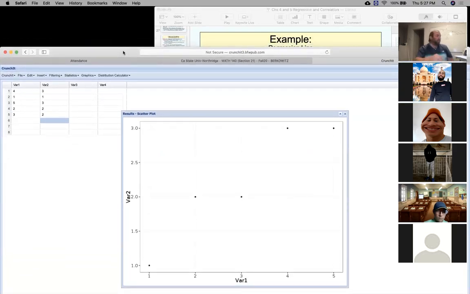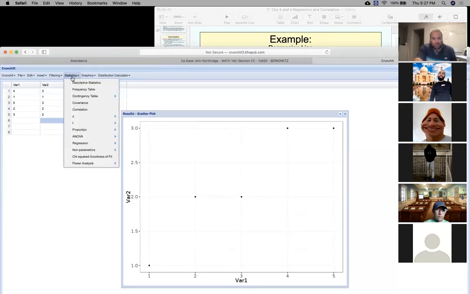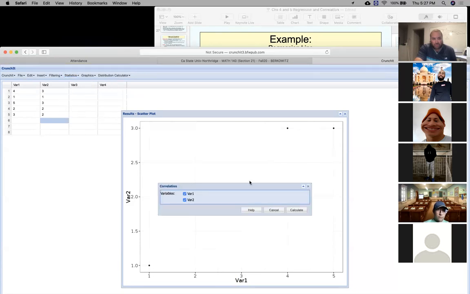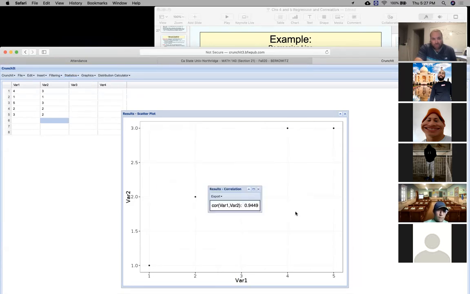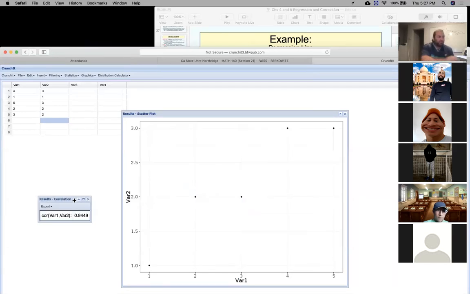Does that look fairly linear? Yes. All right. Now let us go back to statistics and calculate the correlation. We get 0.9449. What does that tell me about the correlation? Very strong, right?